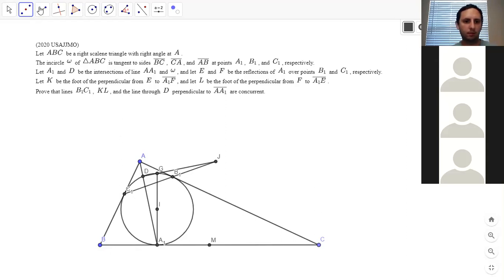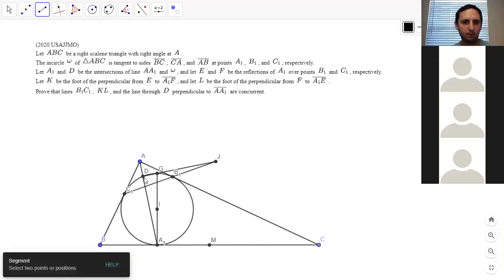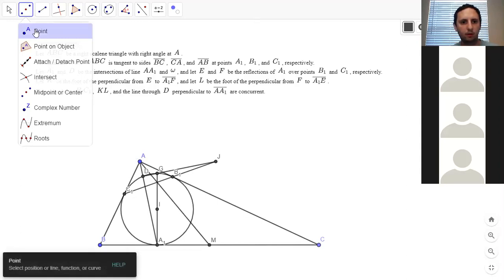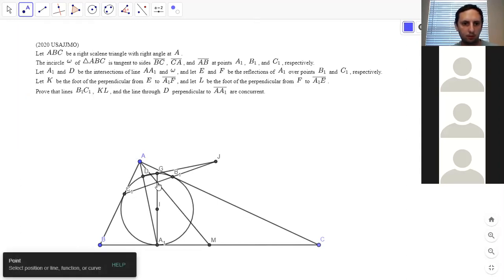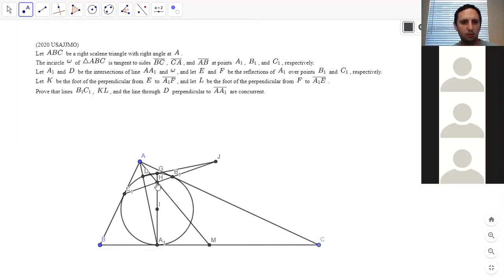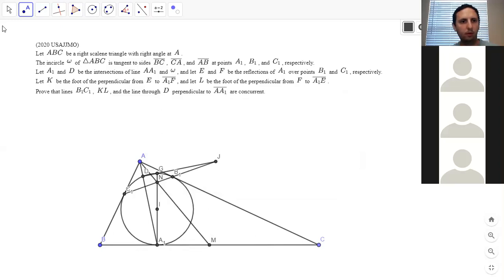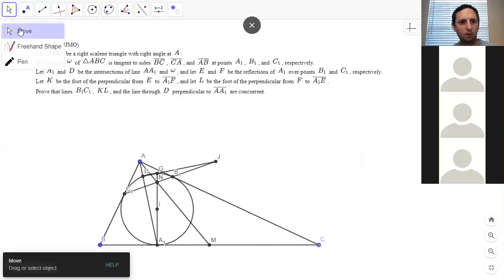Yeah. So these three concur by the Iran lemma. So we only need to prove that B1, C1, and J is a harmonic bundle.